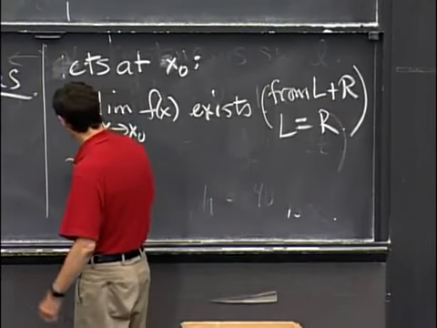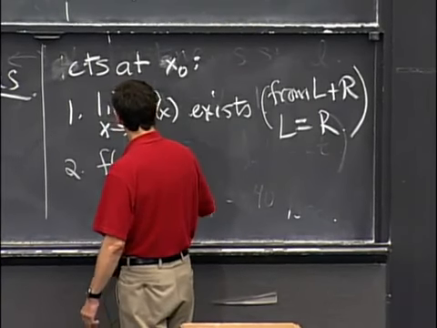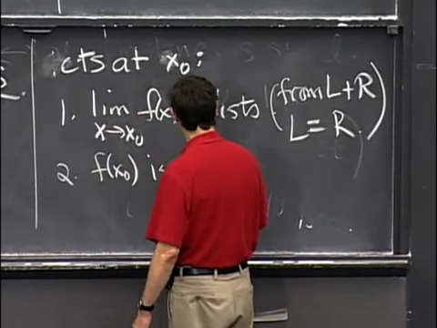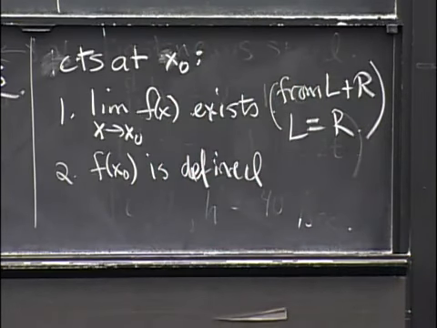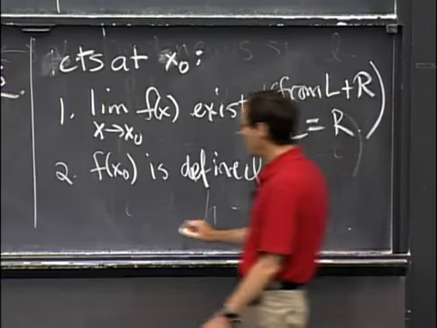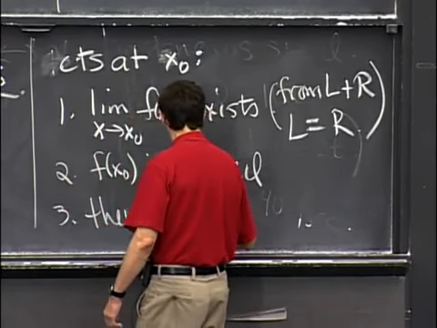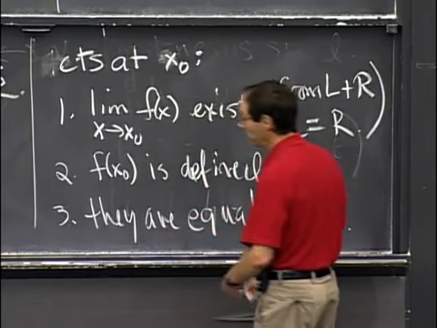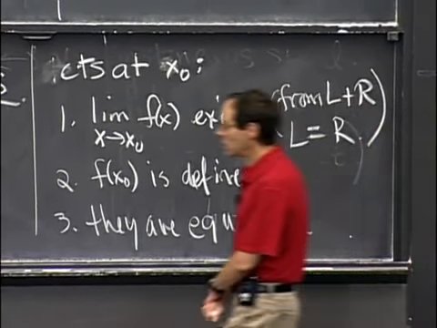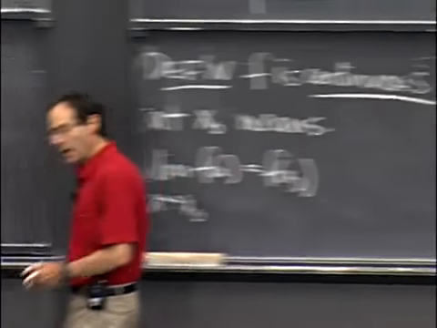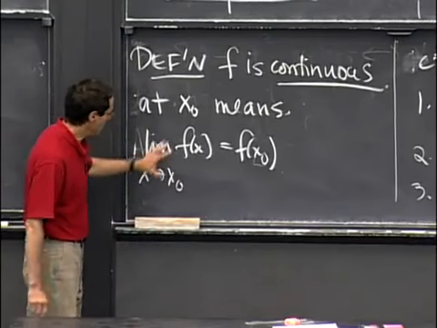And the second property is that f of x0 is defined. So I can't be in one of these situations where I haven't even specified what f of x0 is, and they're equal. Okay? So that's the situation. Now, again, let me emphasize a tricky part of the definition of a limit.